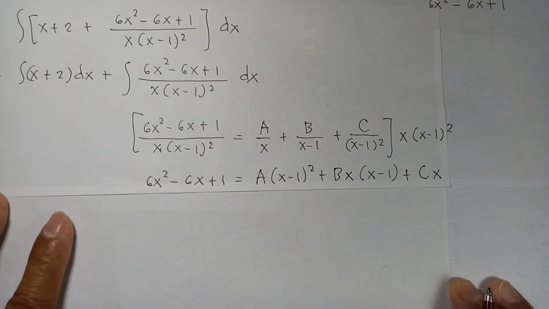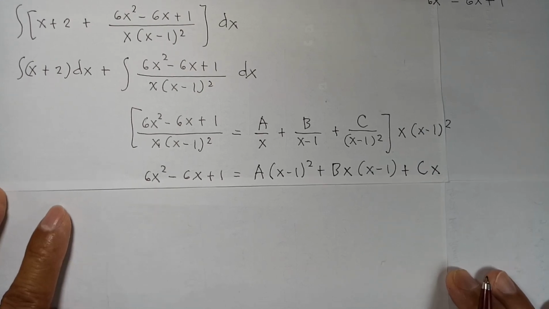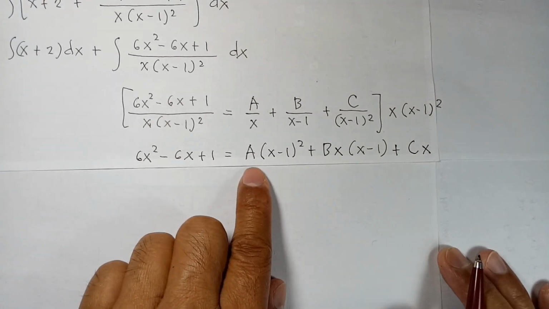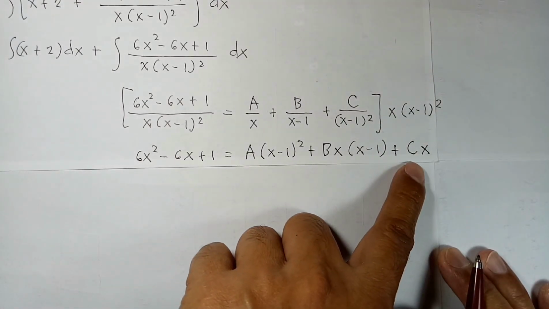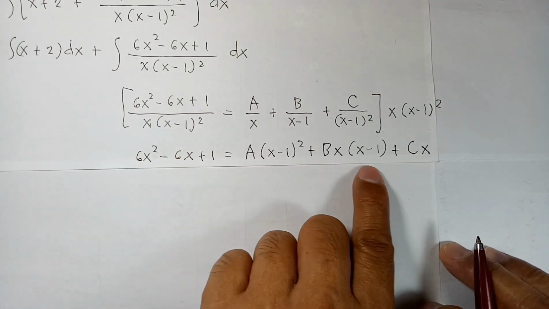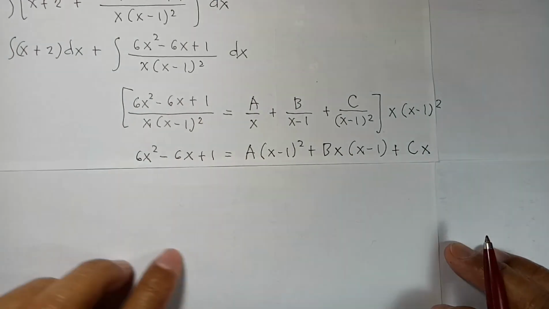Okay, so this time, gagamitin naman natin yung equating coefficients of like powers of x sa pag-solve ng a, b, at saka ng c. So paano ba siya gamitin? So una, we need to expand this right side of the equation.